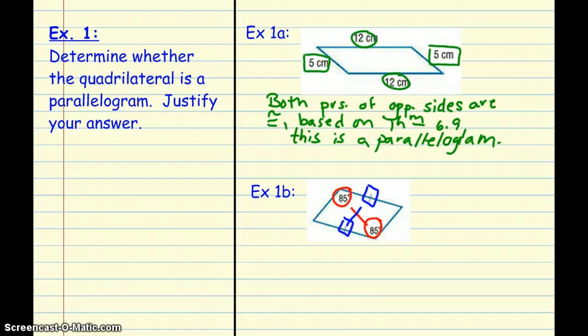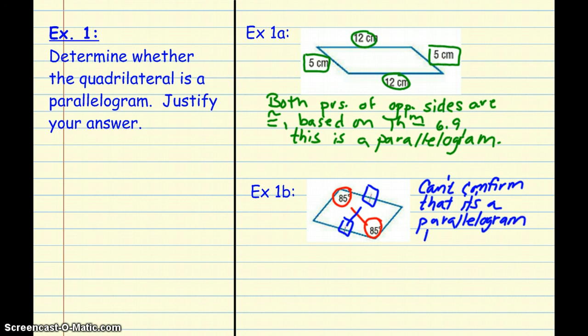So we need to say here that we can't prove, or we can't confirm, that it's a parallelogram, because none of the theorems are proven.